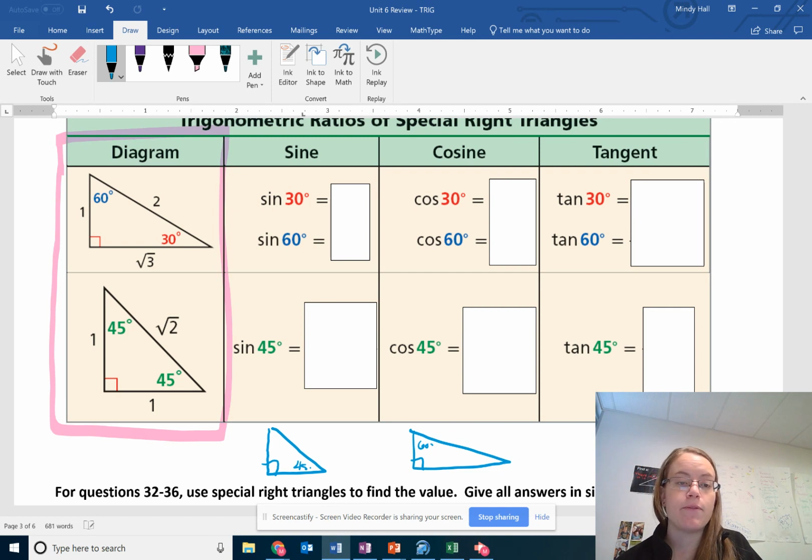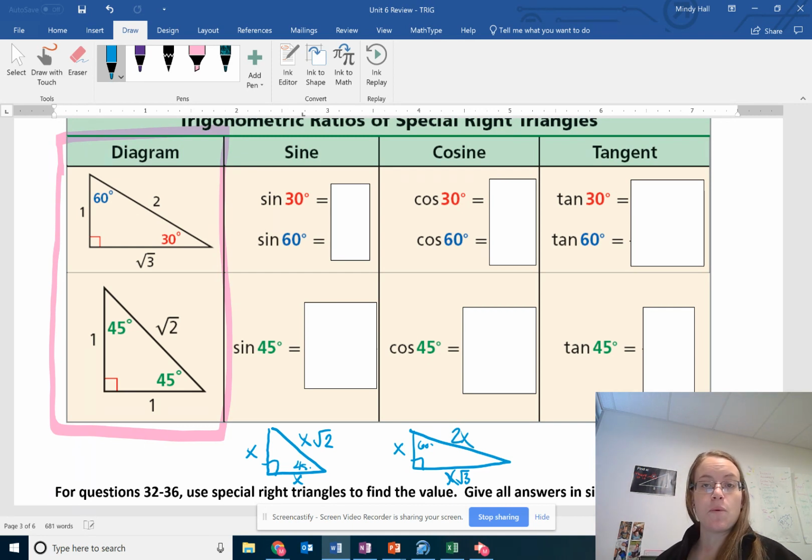Remember with 45-45-90s, your legs are the same, and your hypotenuse is your leg times the square root of 2. And with the 30-60-90s, your short leg is x, your long leg is x times the square root of 3, and your hypotenuse is 2x. You can use either rule you want. If you're using the method that I just drew with the blue triangles, just make sure you label the triangles to show your work.